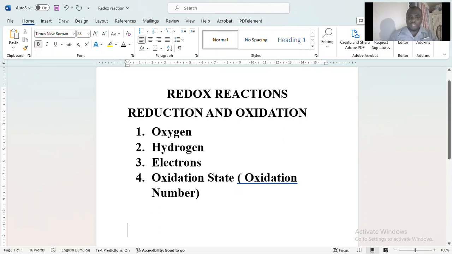We can deal with it in terms of oxygen, in terms of hydrogen, in terms of electrons, or finally, in terms of oxidation state, the oxidation number. So back then, scientists usually capitalized on oxygen and hydrogen, but would have recognized that not all reactions actually have oxygen and hydrogen.